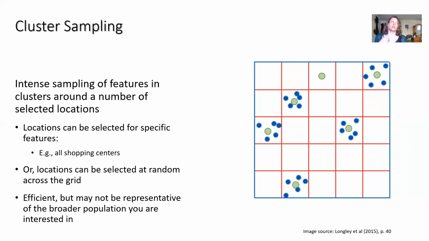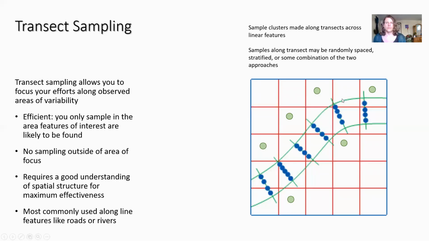So again, this allows you to use some of the randomness and exploit some of the advantages of unbiased sampling, while also exploiting some of the time-saving advantages of biased sampling. So you choose a handful of random locations and then intensively sample them, rather than sporadically sampling a whole bunch of random locations. This is really efficient time-wise, but it might not be representative of the broader population that you're interested in.